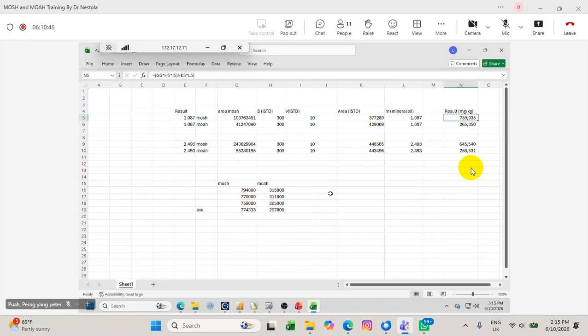Yes. And just to let you know, 10,000 milligram per kilogram is the same as 1%. So in fact, what we are seeing here is 31% MOAH and around 75 to 79% MOSH.